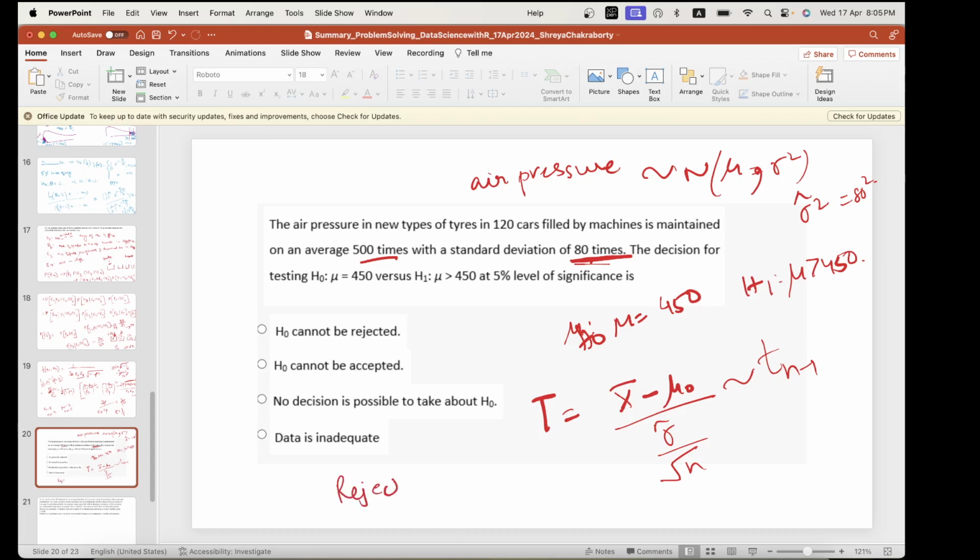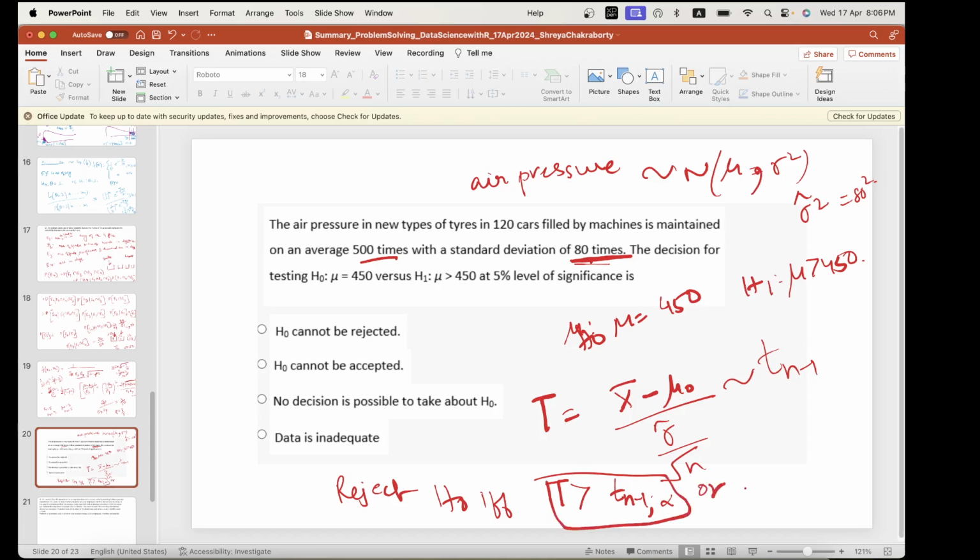The rejection rule is we'll reject H naught if and only if t is greater than t n minus 1, alpha. This is your rejection rule.